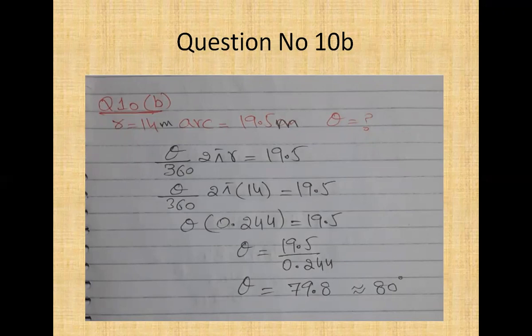Theta by 360 times 2 pi 14, because the radius is 14, equals 19.5. In your calculator, you will enter 2 multiplied by pi multiplied by 14 divided by 360. So you will have theta into 0.244 equals 19.5. So 19.5 divided by 0.244 will be 79.8, approximately 80 degrees.